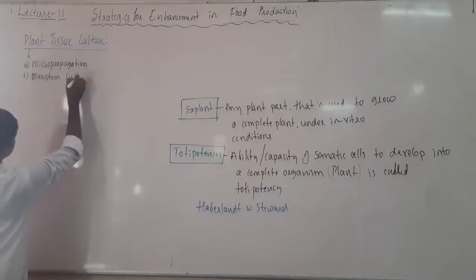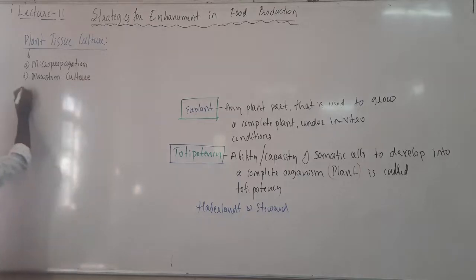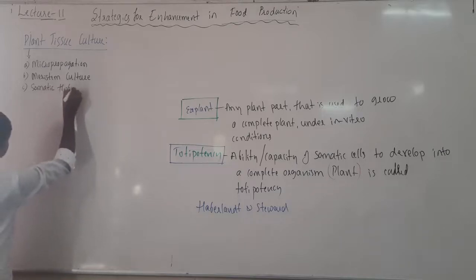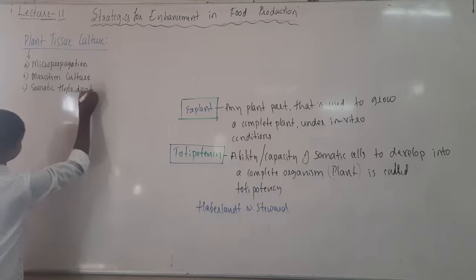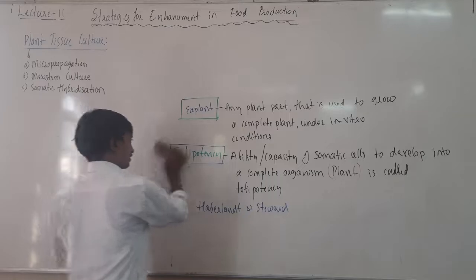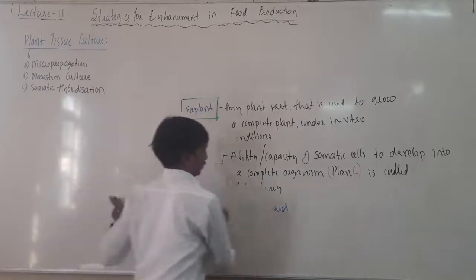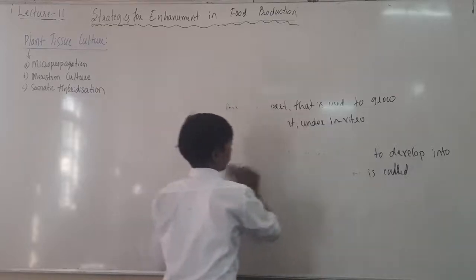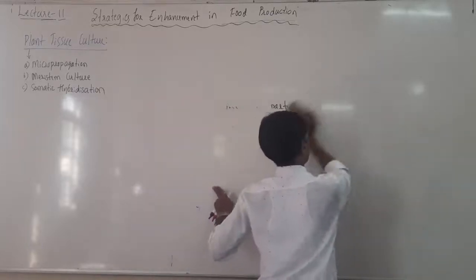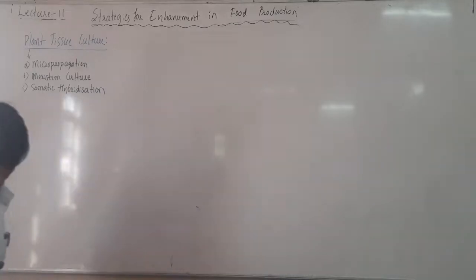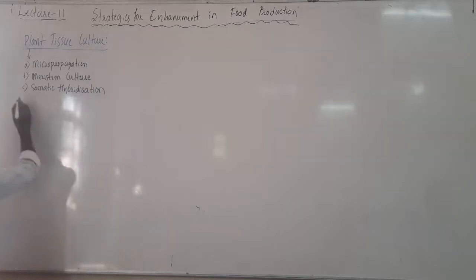Third technique is somatic hybridization. We shall discuss these 3 techniques in detail. First one, micropropagation. Propagation here means growing.